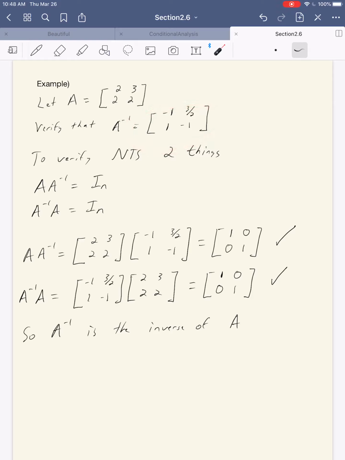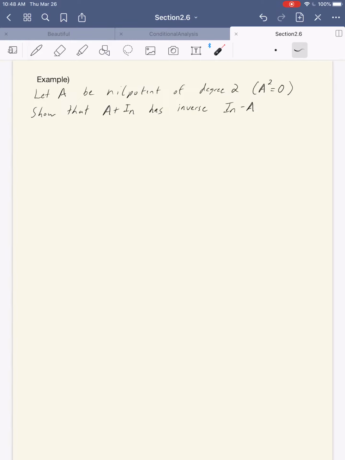Let's look at one other example, a little bit more abstract here, dealing with verifying something is an inverse. So for this example, we're going to bring in some terminology that was introduced in some of the suggested exercises. We're going to have A here be some abstract matrix that is nilpotent of degree 2.